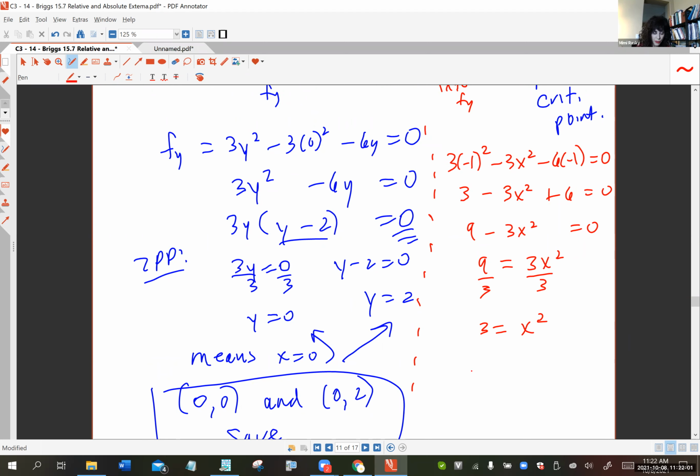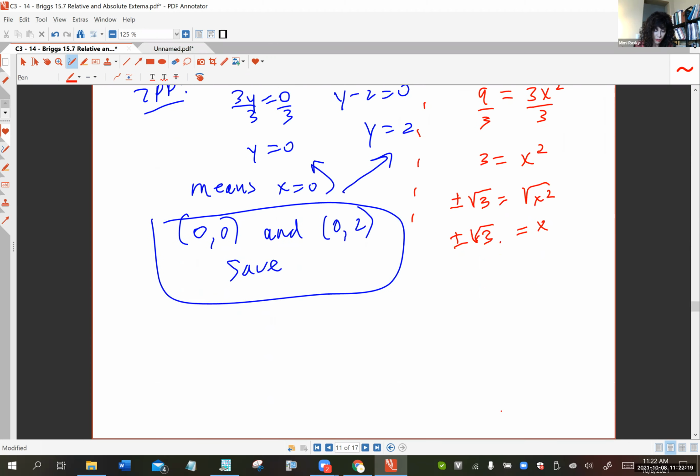Now you're going to square root both sides. But what do you have to remember when you square root both sides, people? A plus or minus. Yes. Thank you. And so I get two answers here. Oh man, what does that mean? What it means is you have two more critical points when y is -1.